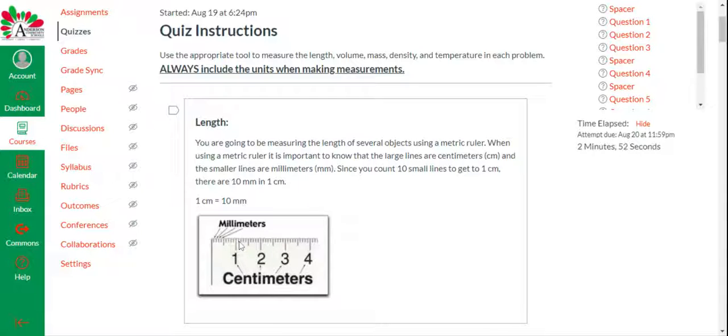This would be 11 millimeters, 12, 13, 14, 15 millimeters. So that's how you read a ruler. Now, when we're dealing with centimeters, because there are 10 millimeters here, this would be 1 centimeter, 1.1, 1.2, 1.3, 1.4, 1.5, 1.6, 1.7, 1.8, 1.9, 2.